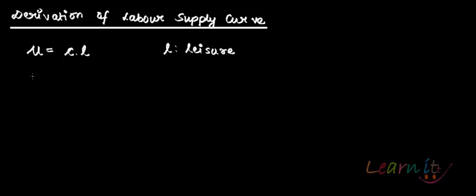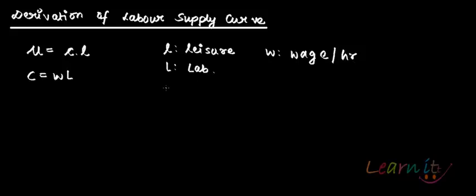And the budget constraint, which you have already seen in our previous recording, was C equals WL. W is the wage rate per hour, and L is the amount of labor being supplied.